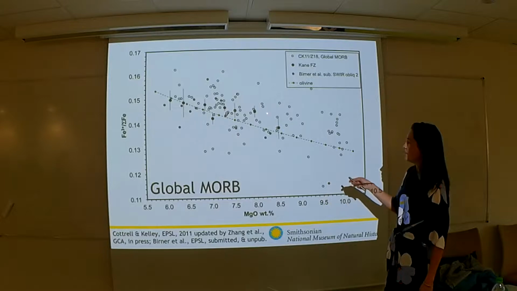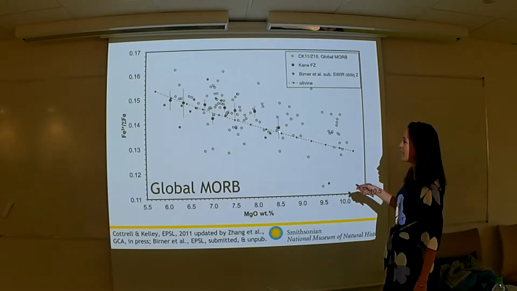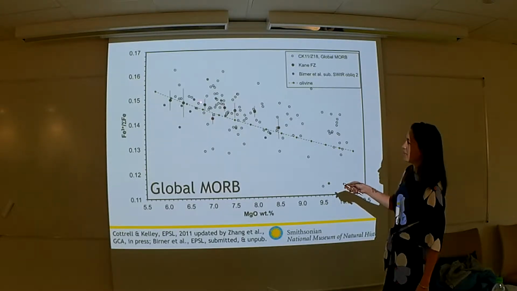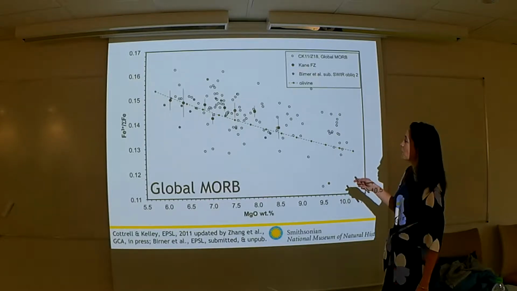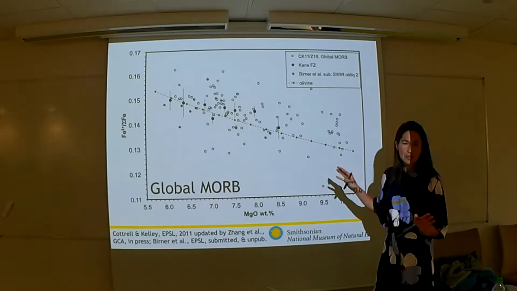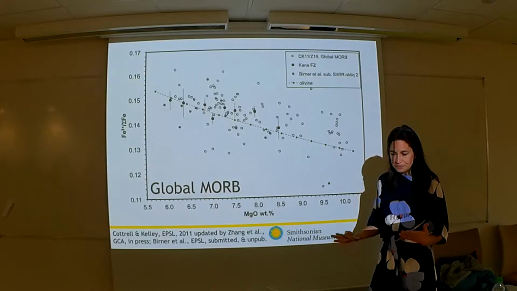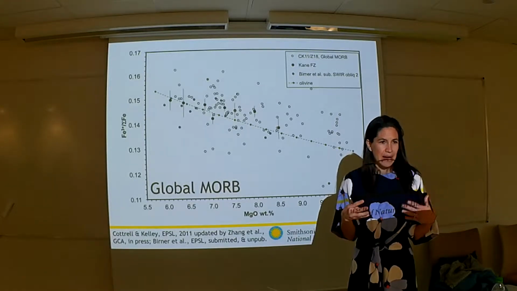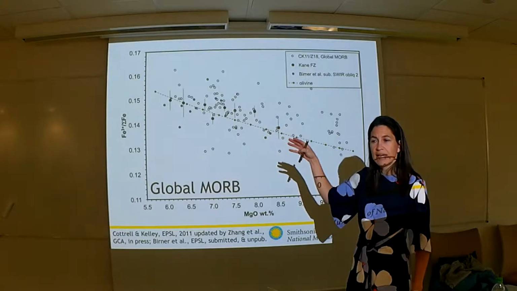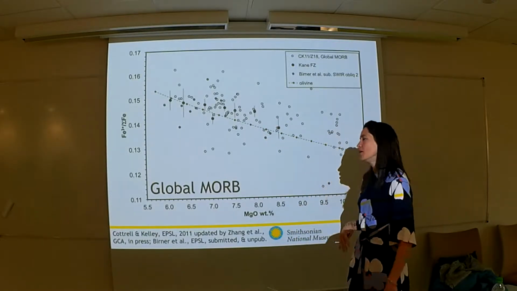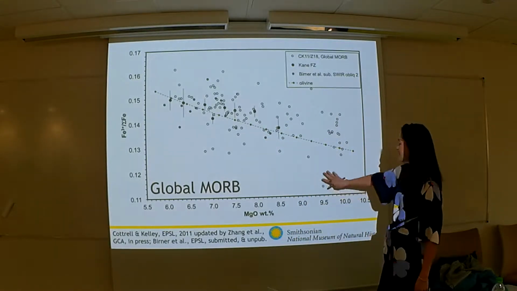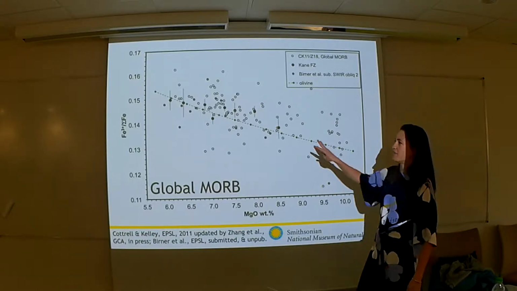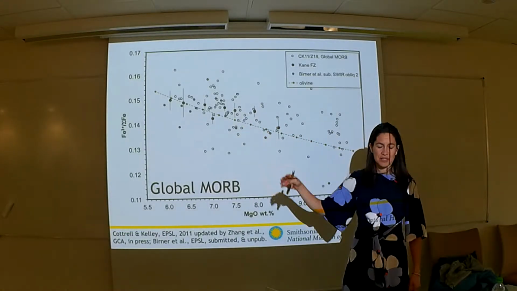And the slope of the global data, the individual data from the Kane fracture zone are indistinguishable from the model trend. So with that, we can now take into account low pressure effects. If we're trying to understand the mantle, we have to make sure that we know if we're analyzing rocks that are very primitive or more evolved and take that into account.